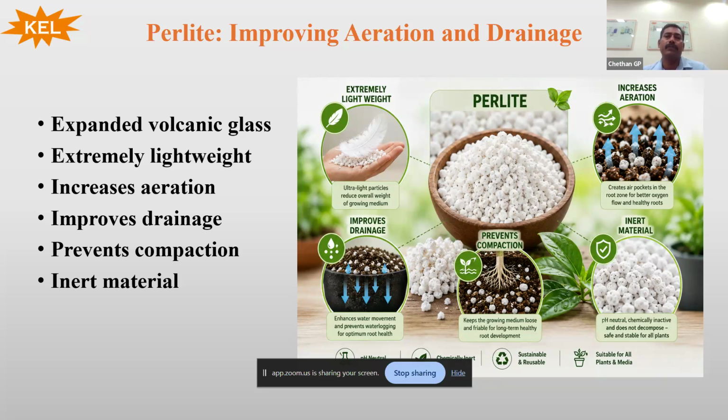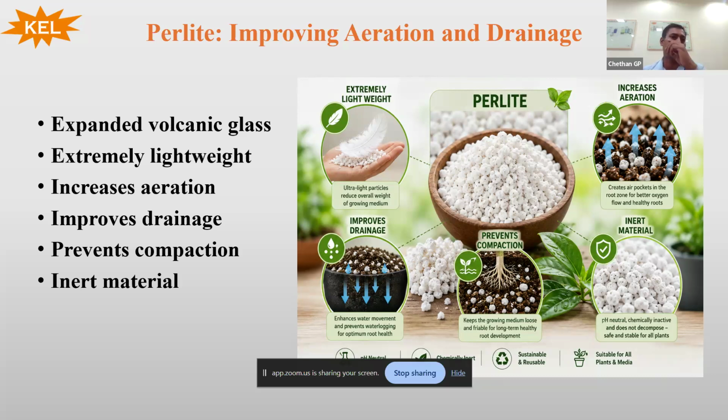This is particularly important for crops that are highly sensitive to waterlogging, such as tomato, capsicum, strawberries, succulents, and ornamental plants. Perlite is chemically inert, meaning it does not significantly affect the pH or electrical conductivity.